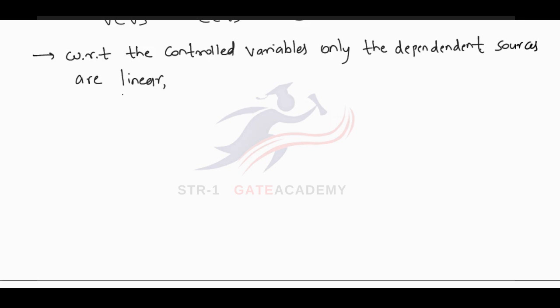Make sure, this is important. Dependent sources are linear, whereas independent sources are non-linear. They are linear, active and bilateral. This is very important, that the controlled sources, that is dependent sources, are linear, active and bilateral with respect to the control variables.